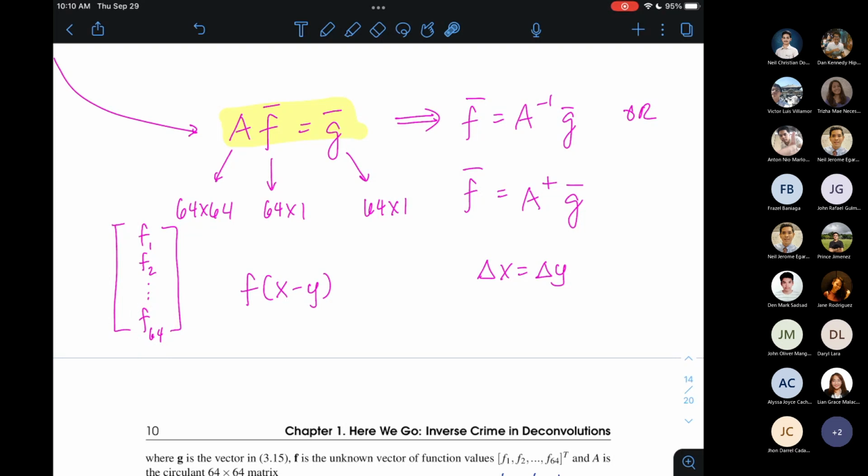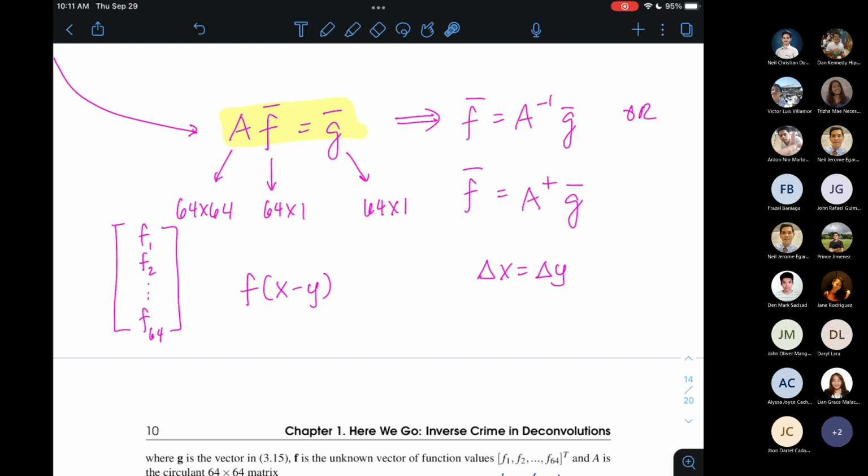Kaya lang, 'di ba, si matrix A dapat siya yung nagre-represent ng integral ni psi of y times f of x minus y. Eh dun sa integral na yon, dun sa quadrature formula, involve si f of x minus y. Pero itong f of x minus y, kailangan kukunin ko siya dun sa vector of unknowns. Right? So nung kinonstruct natin yung matrix, yung mga multipliers na f of x minus y, minamatch natin dun sa f1 to f sub 64.